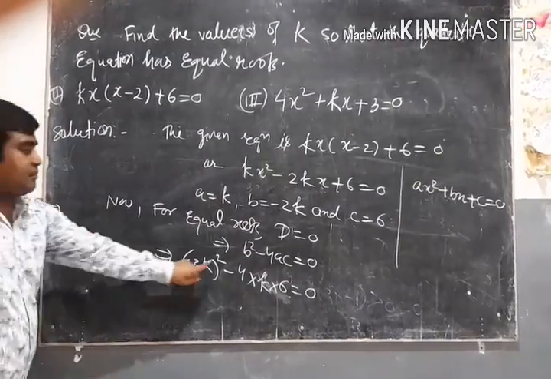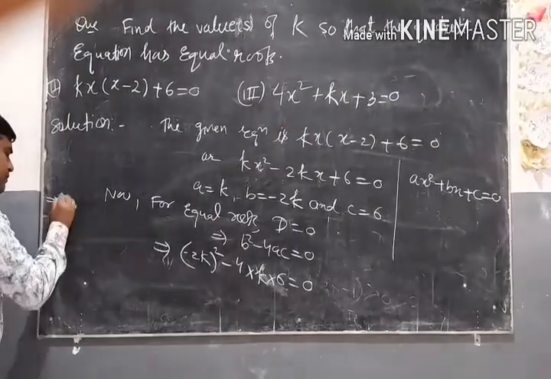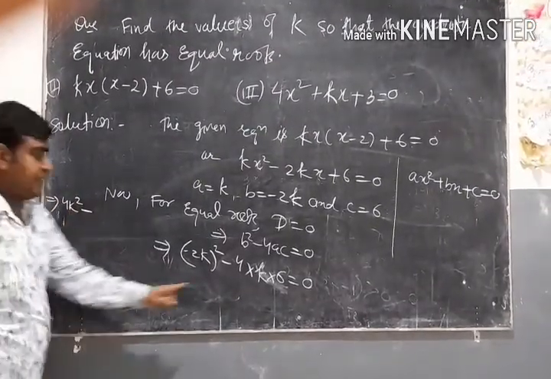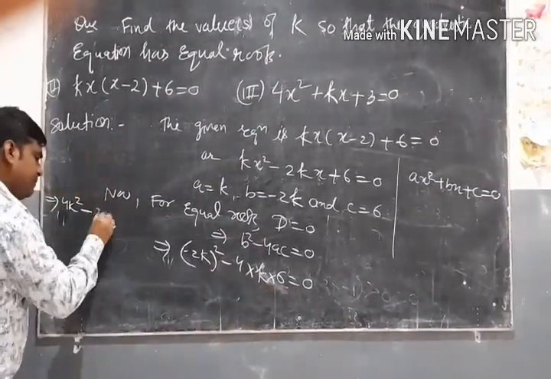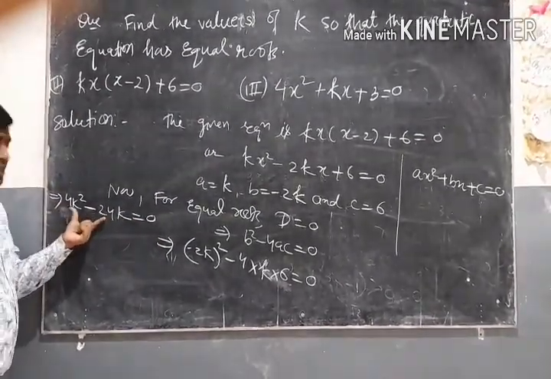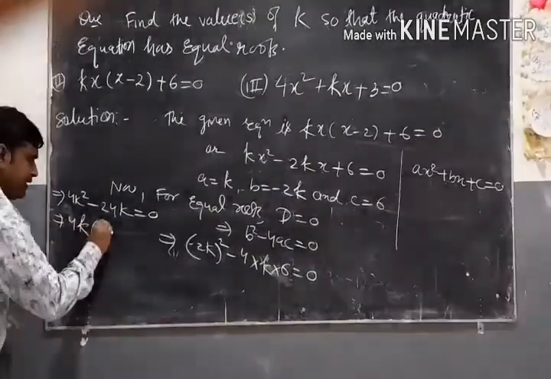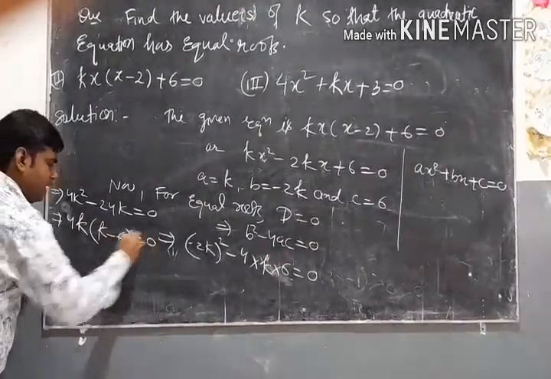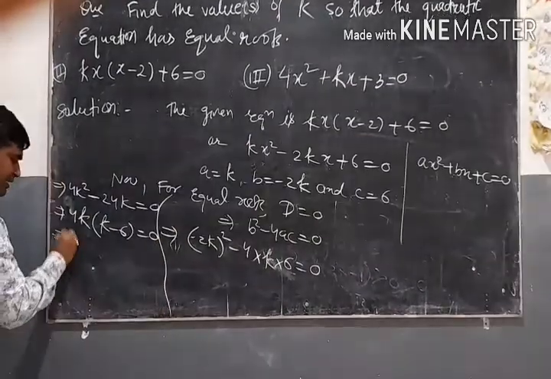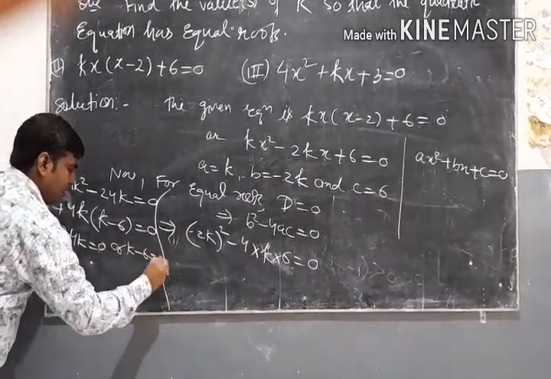Further, minus 2k whole square gives 4k square minus 4k is equal to 0. Now we see that 4k is common in both expressions, so we have 4k common, k minus 1 equal to 0. This implies that 4k is equal to 0 or k minus 1 equal to 0.